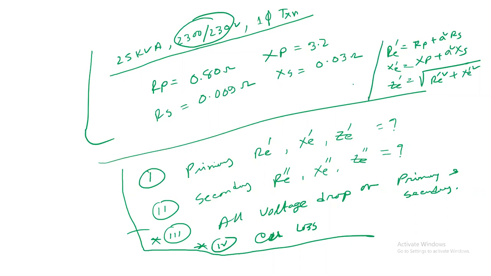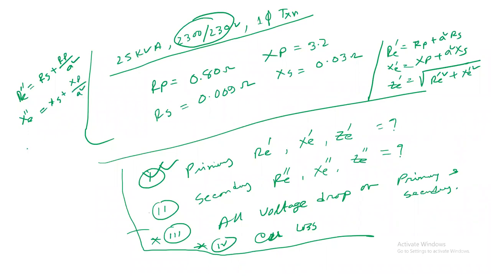So this is the primary, these three, and this is the secondary, these three. RE double prime is equal to RS plus RP by A square. XE double prime is equal to XS plus XP by A square.